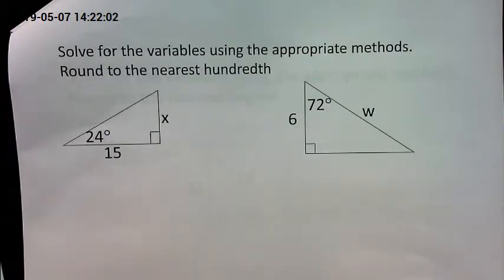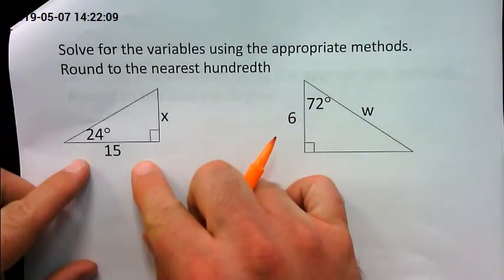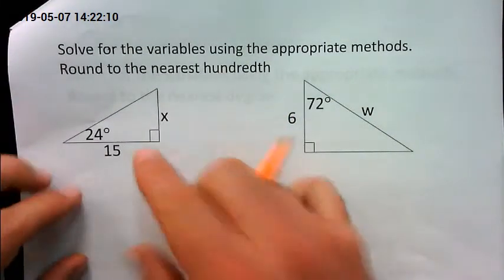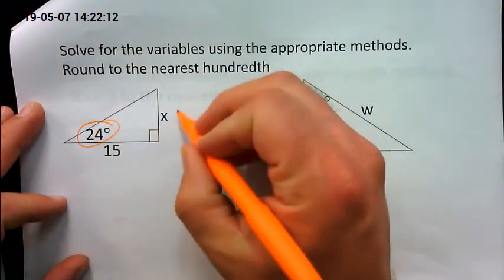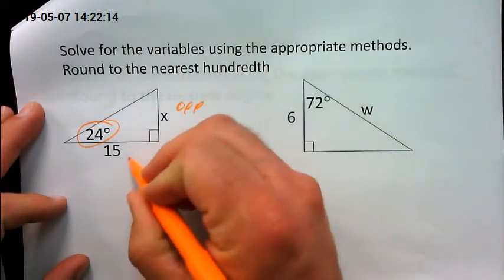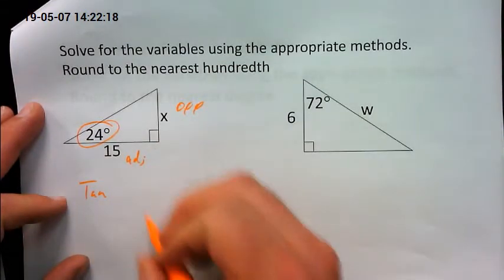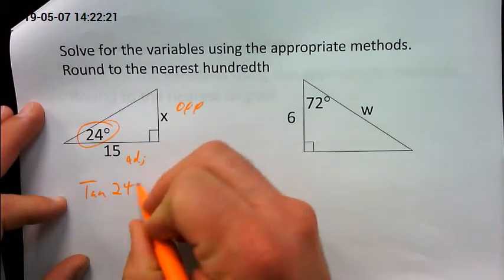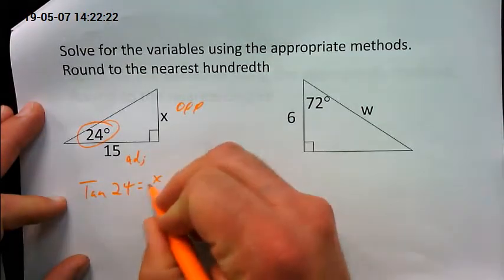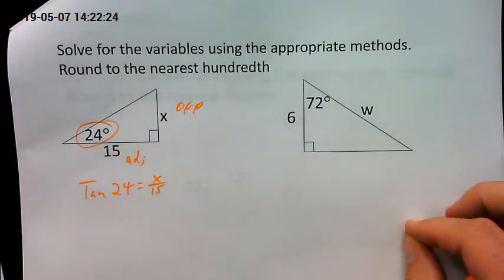All right? Now, for these problems, let's go ahead and set them up first. This one, which trig ratio are we using? Tangent. Yeah, because we have the angle, we have the opposite, and we have the adjacent. So that would be tangent. So tangent of the angle equals opposite over adjacent.